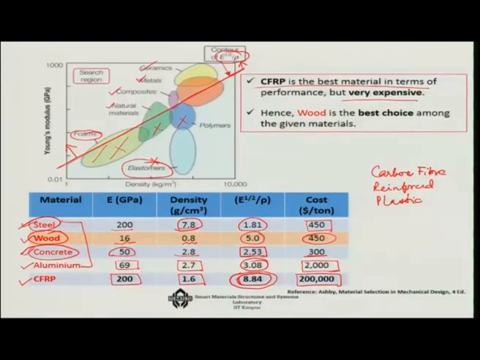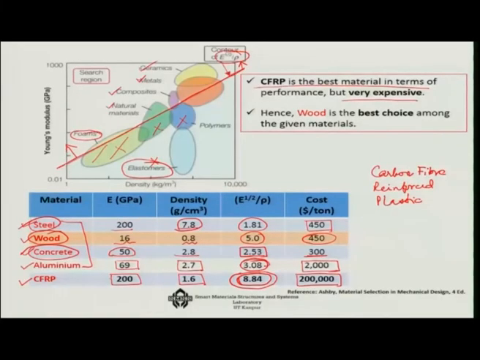Steel is cheaper, so steel is better in that way, because aluminum is more expensive, even though its factor is slightly higher.